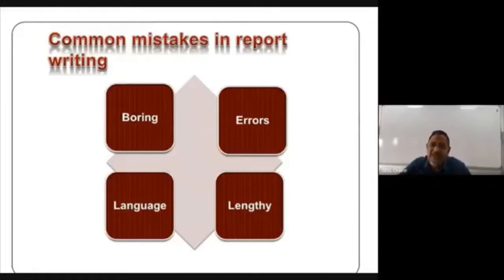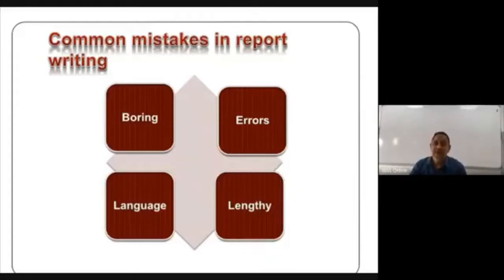Basically, language is one factor making it boring. In some instances we are not going into details about grammar and language skills. If we have given the convincing idea, that is sufficient for us.